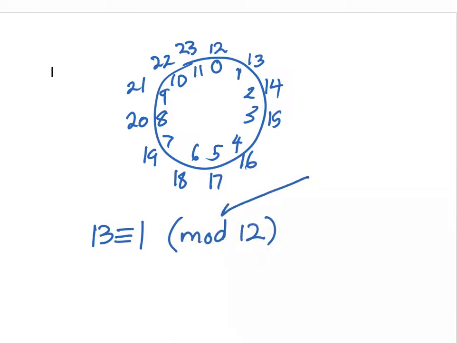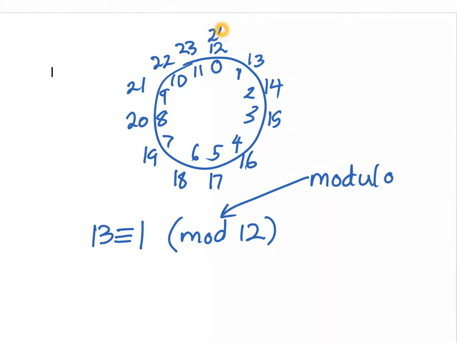That mod there is modulo, and it's just saying we're operating on a 12-hour clock. So 14 is equivalent to 2 on a 12-hour clock. 22 is equivalent to 10 on a 12-hour clock. And what if we kept counting around the clock? What if we kept going?